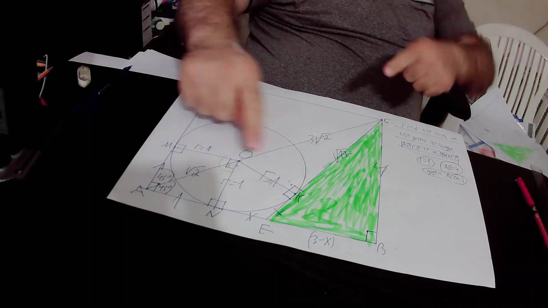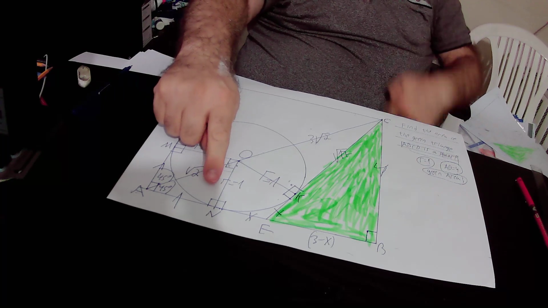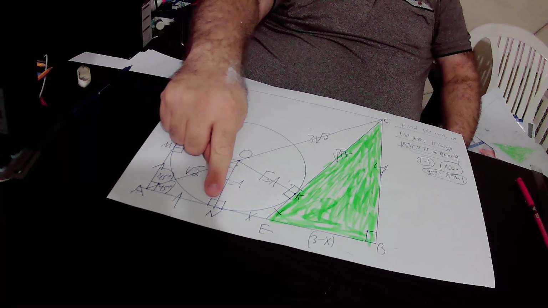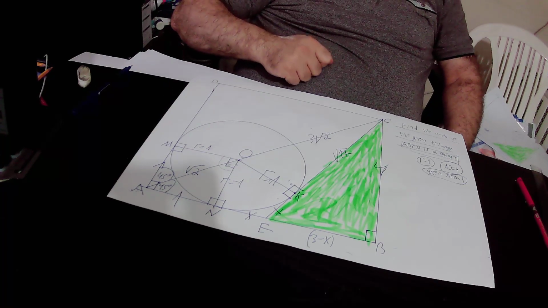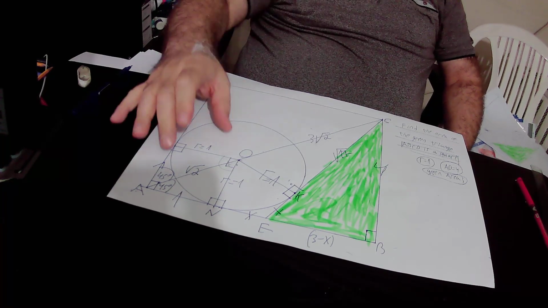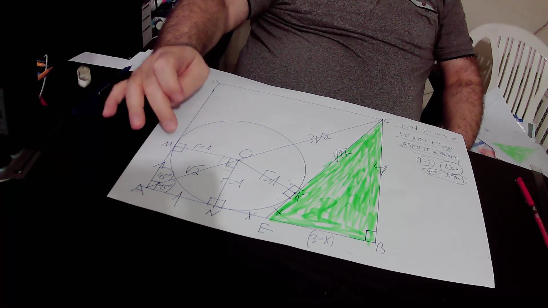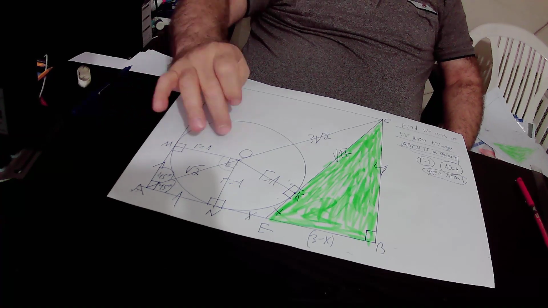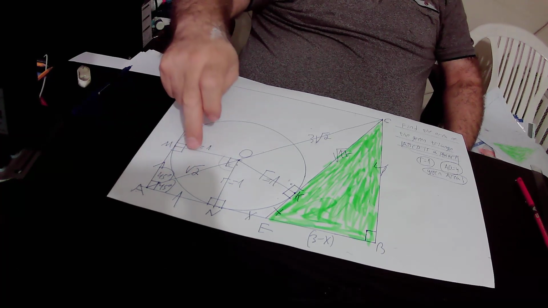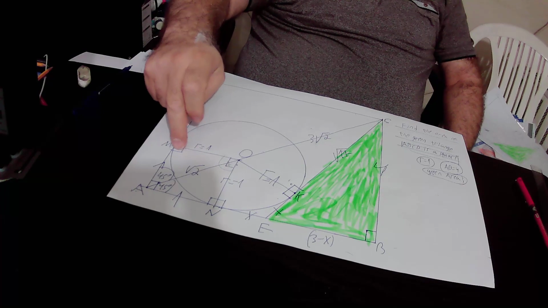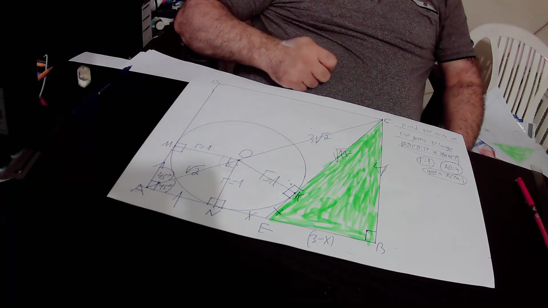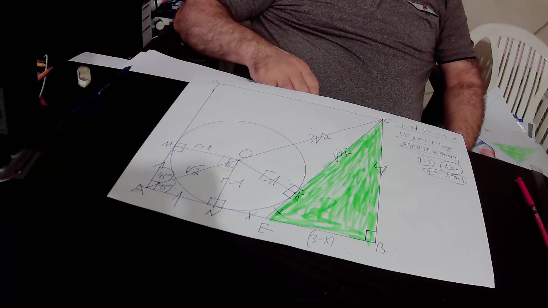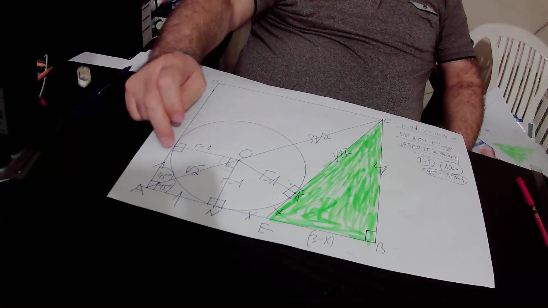Therefore, the tangent AB is perpendicular to this radius, that is to say, this angle equals 90 degrees, and this angle also equals 90 degrees. So as you can see here, the small quadrilateral MOAN has 3 right angles, 1, 2, 3.